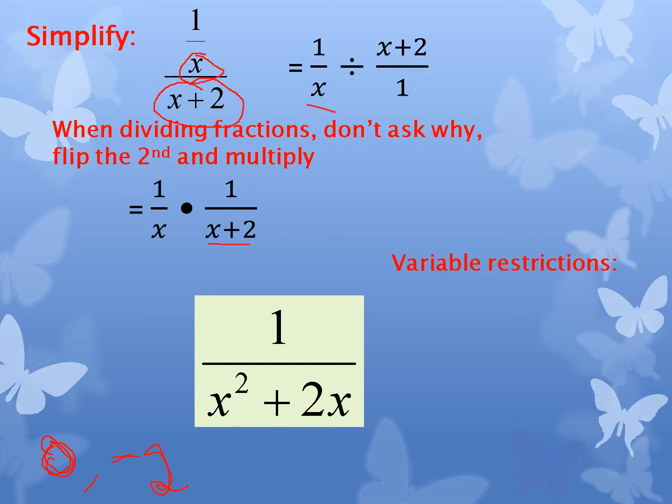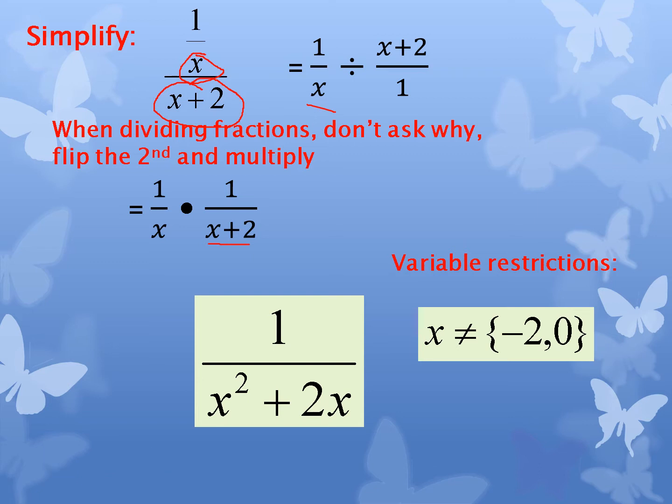And then of course, finally, we just multiplied them together, so we're still dealing with 0 and negative 2. So when we go to list our variable restrictions, we know that x can't equal negative 2 and 0. Those are our variable restrictions.